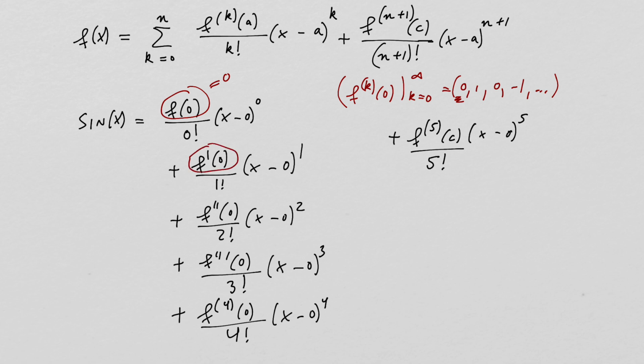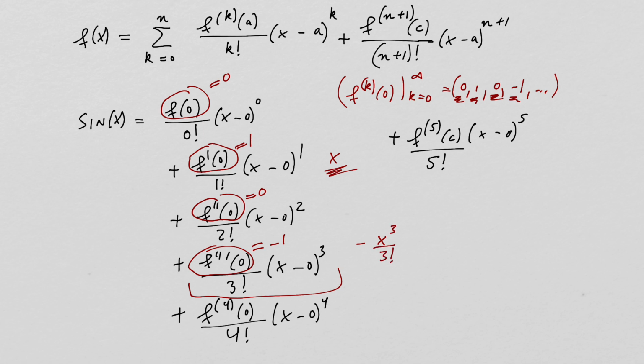This value is 1. So the second term gives us x. This derivative here seems to be again 0. The third derivative is minus 1. So this term here will give us minus x to power 3 divided by the factorial of 3. So that means minus x to power 3 divided by 6. Again, the next term will be 0.